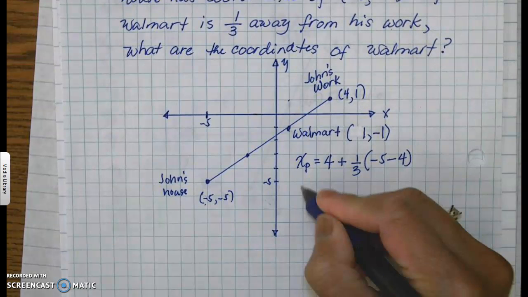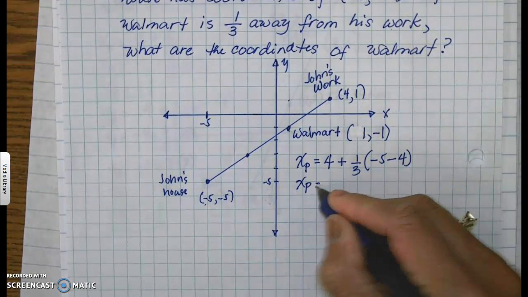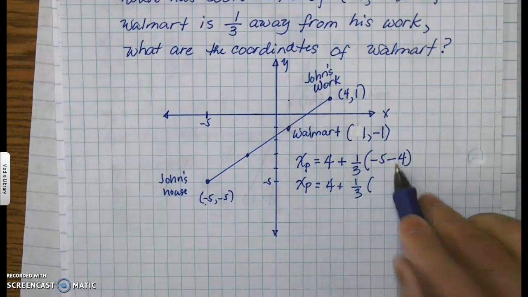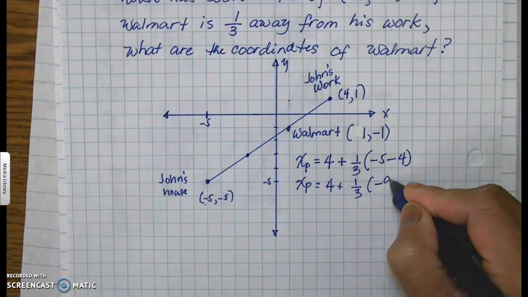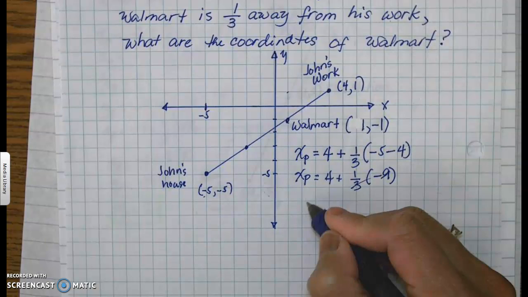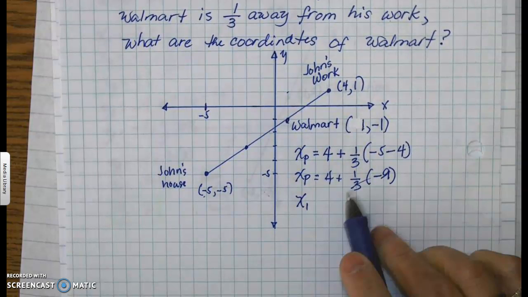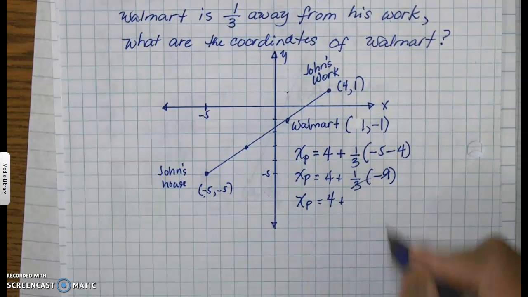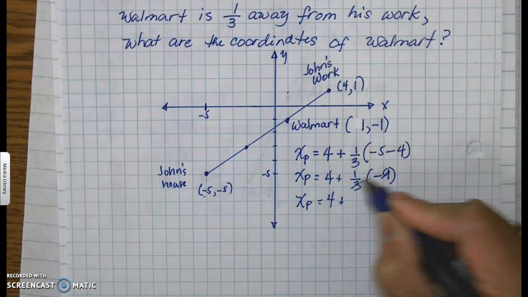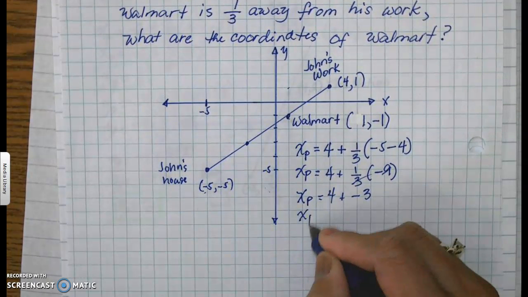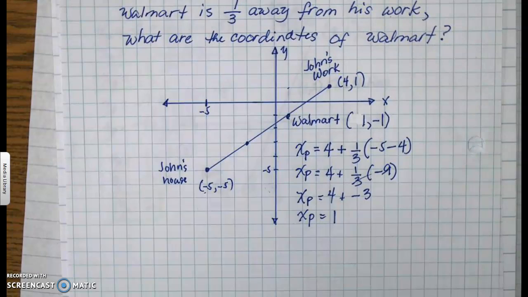And so that's going to be x of the point is equal to 4 plus the fractional distance. This added is a negative 9. And you cancel that out, or you multiply them. You can also do that. So 4 plus that is a negative 3. And your xp is going to be a 1, which is a check right there.